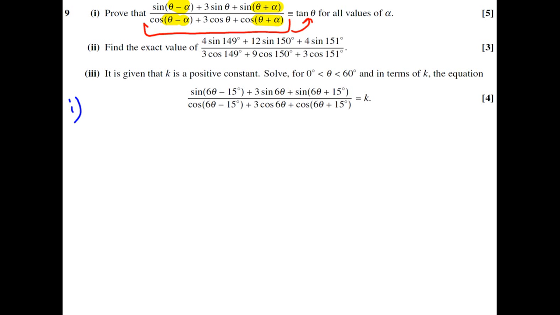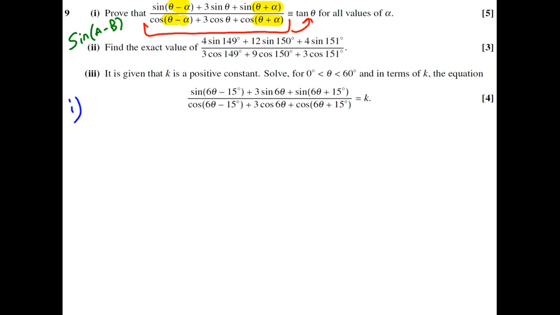Okay, so starting with the formula sine a plus b. I'm going to put in green when I've used the green formula book. Okay, so A is theta and B is alpha, and it's a takeaway version. So I'm looking in my book at sine A minus B for the first one.